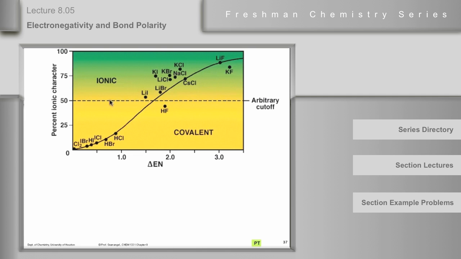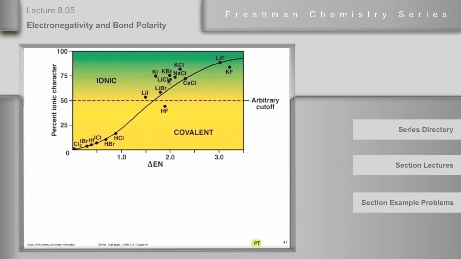First of all, the 50% is arbitrarily set. And you can see that lithium iodide is only a tiny bit above it, and HF is only a tiny bit below it here. So when you see things like that, you know we're talking about an estimate.